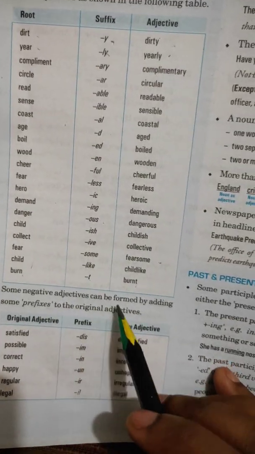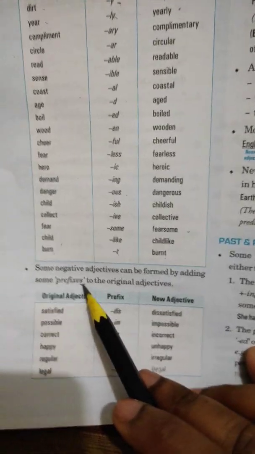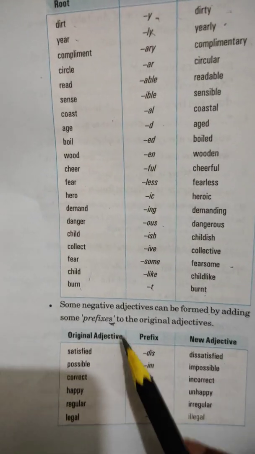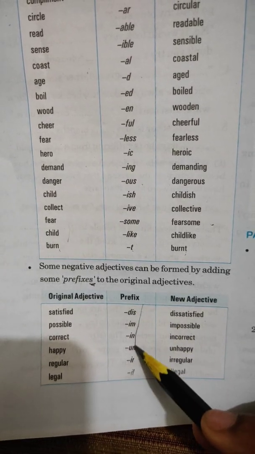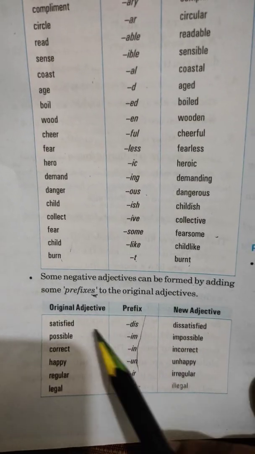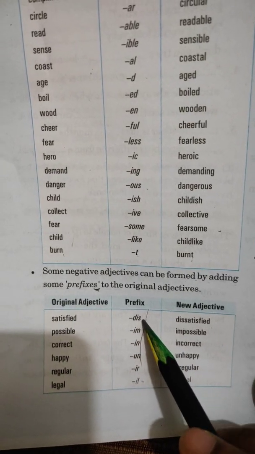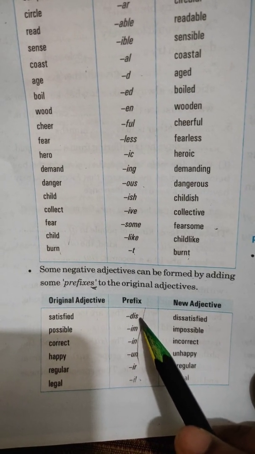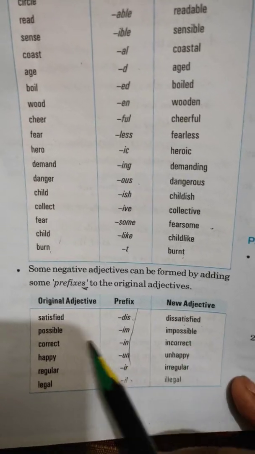Some negative adjectives can be formed by adding prefixes. Now you have to see whether the words which you use change the meaning. For example, satisfied: you add dis as a prefix, it becomes dissatisfied.